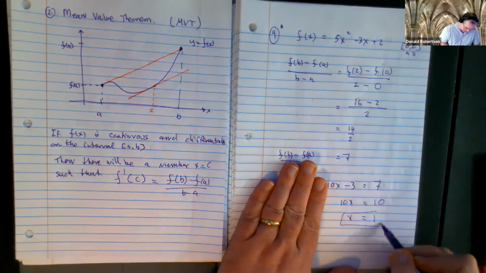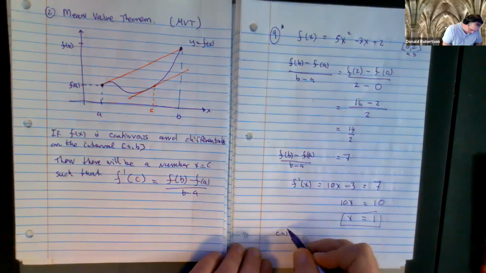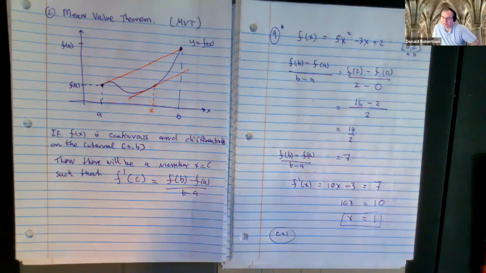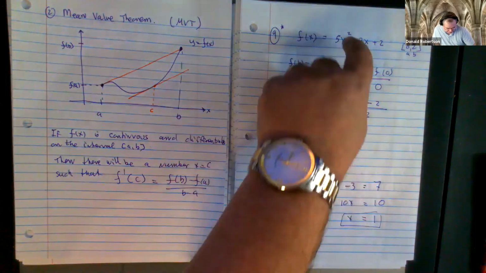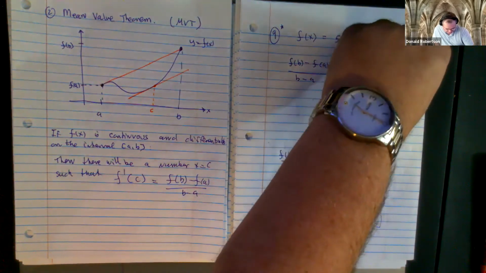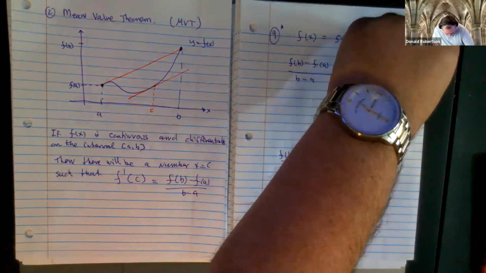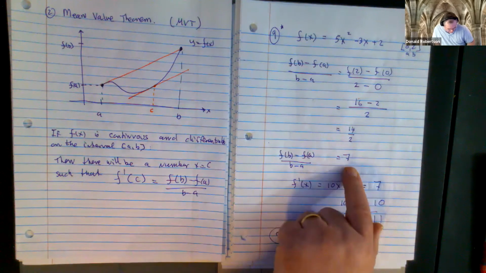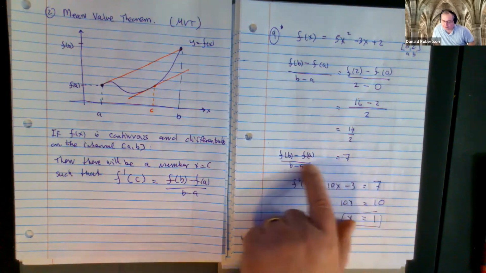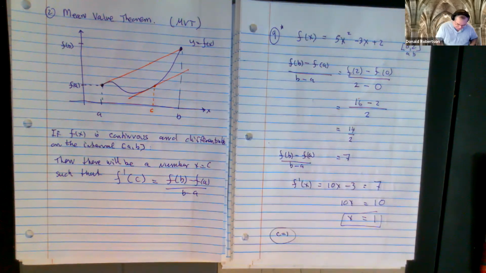And that guy is our C. So the mean value theorem says that there's at least one point on this curve between 0 and 2, you're not allowed to use 0 and 2, but between 0 and 2, that has a slope the same as this number here, which in this case happens to be 7.